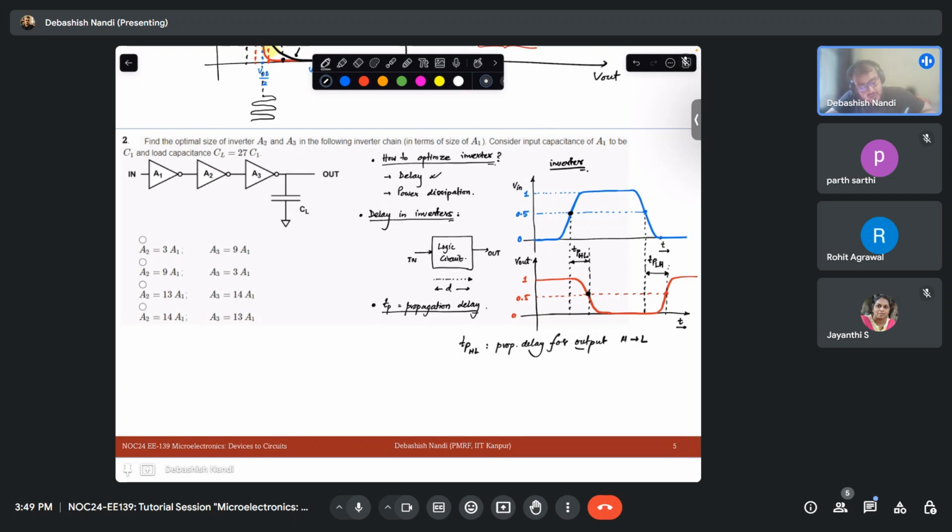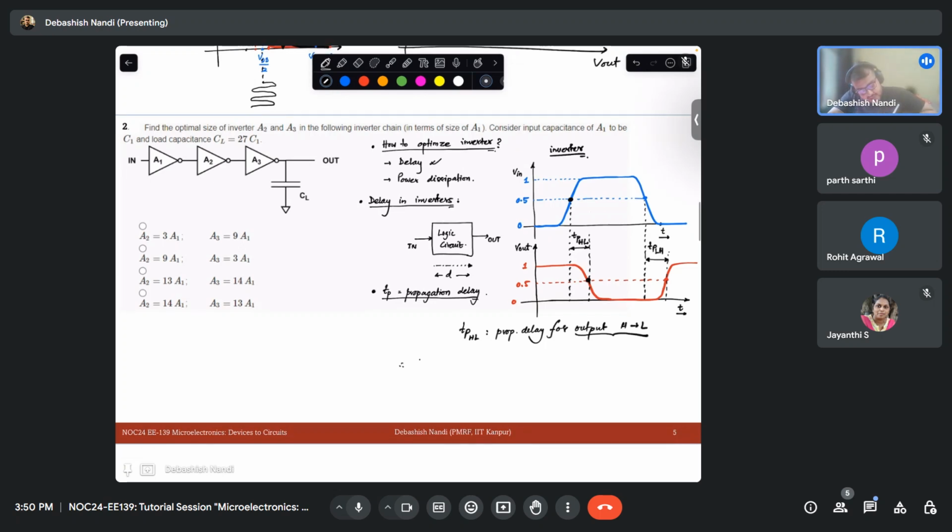Always remember that we define propagation delay from the output state change, so that is why this is TPHL and this one is TPLH, because in the blue curve it is just the opposite. So always remember that propagation delay is defined on the output.